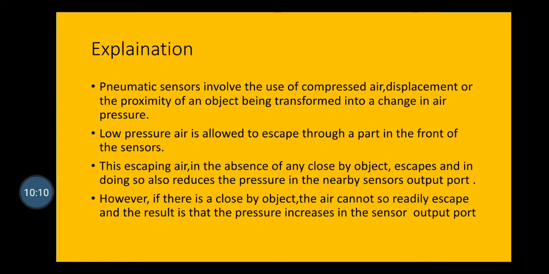This escaping air, in the absence of any close by object, escapes, and in doing so also reduces the pressure in the nearby sensor's output port. However, if there is a close by object, the air cannot so readily escape, and the result is the pressure increases in the sensor output port.